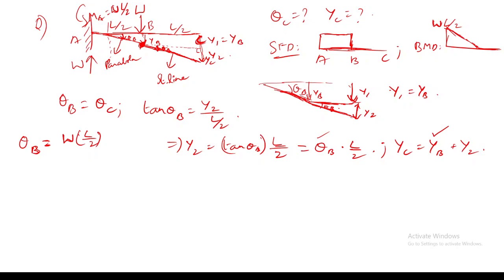So w L by 2 the whole square upon 2EI, so it will be wL square by 8EI. And the direction is clockwise.